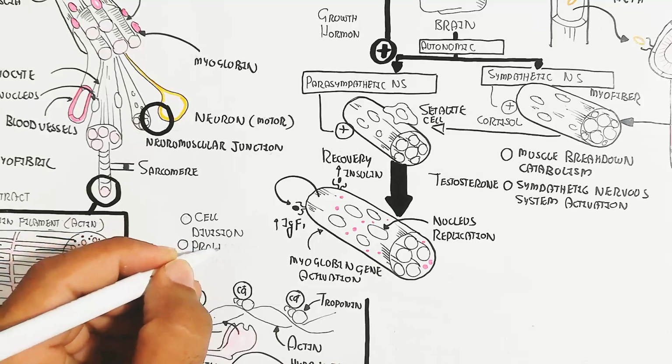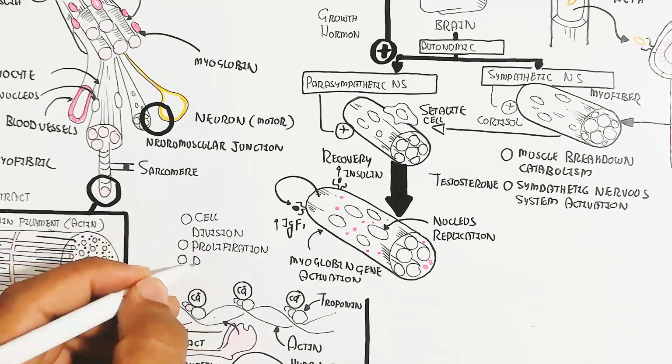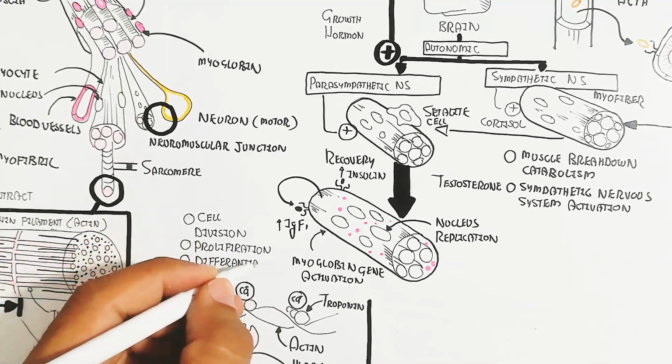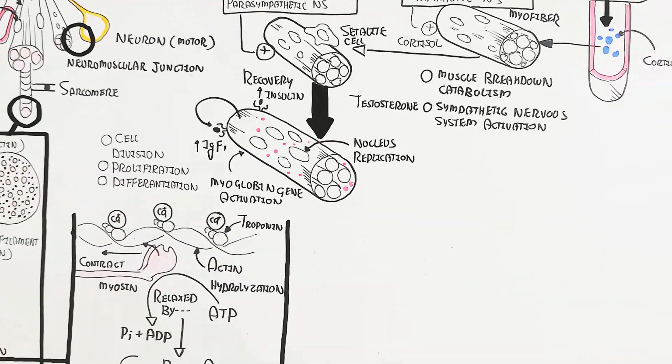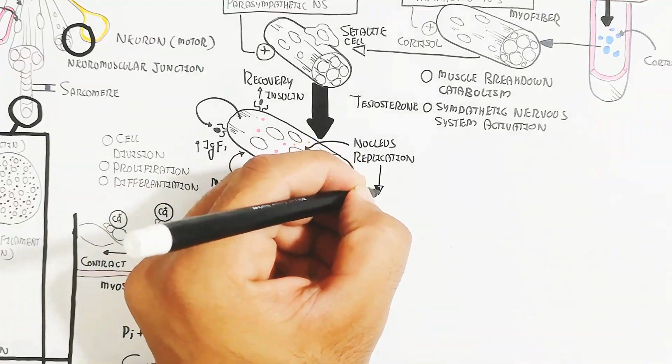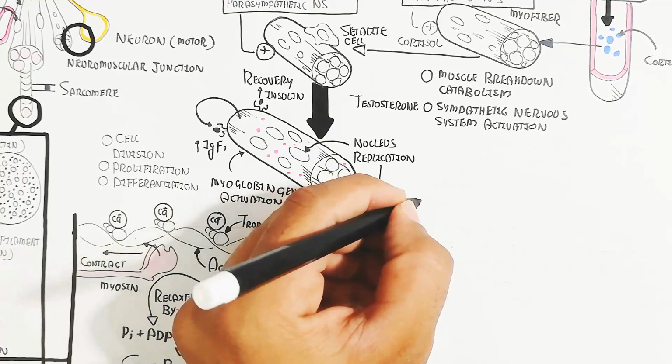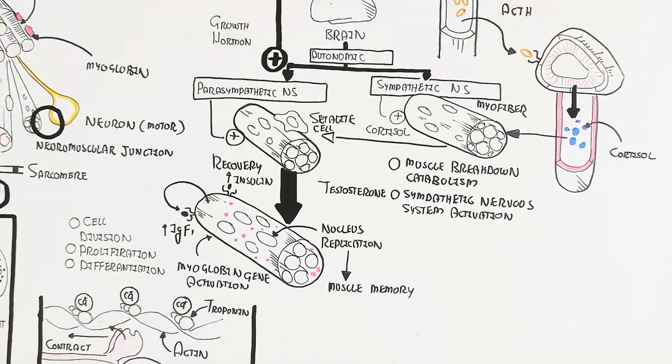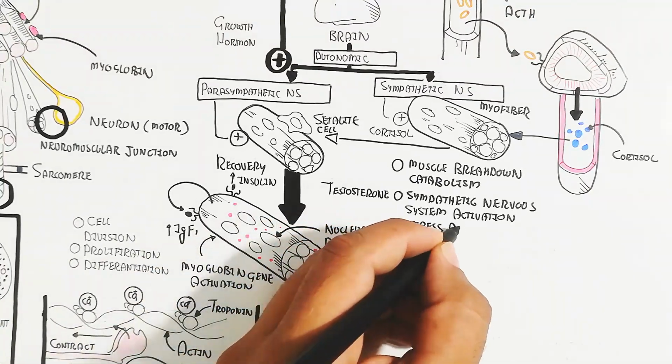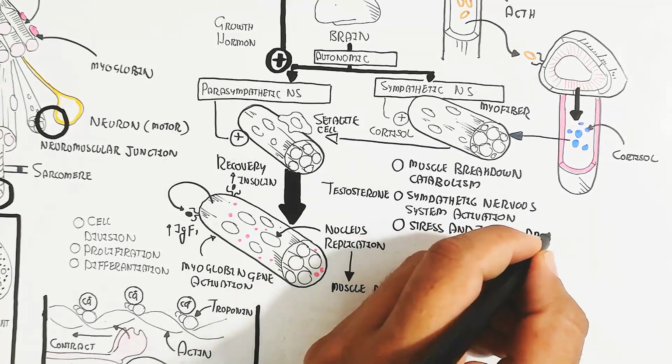In this way the cell grows more. Cell division, proliferation and differentiation increase due to the satellite cell residing there. The satellite cell is a type of stem cell, a muscle stem cell.